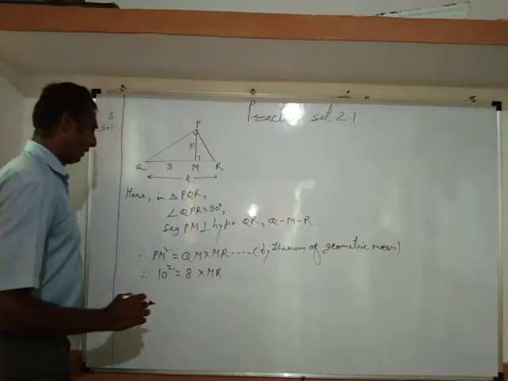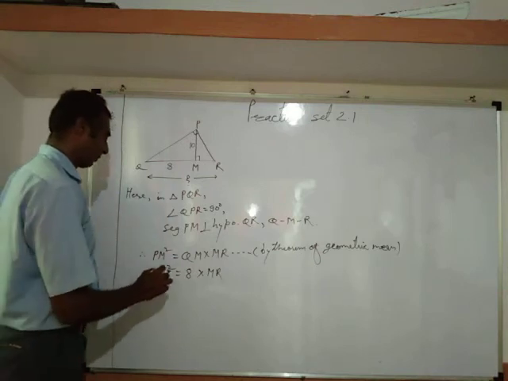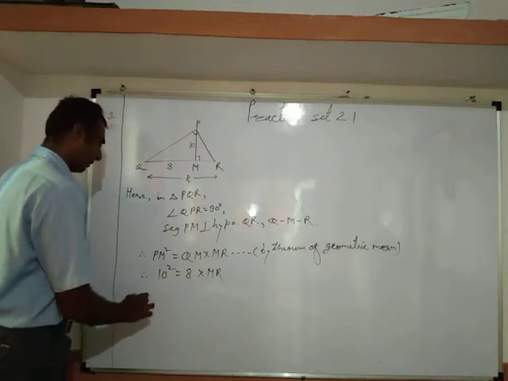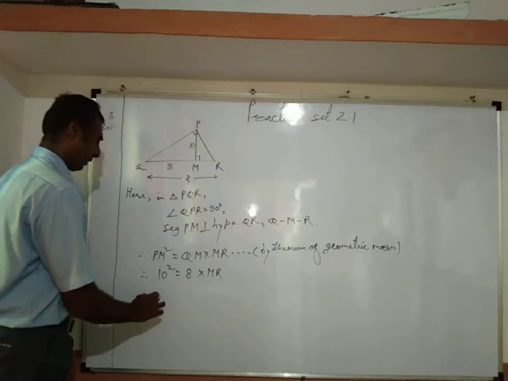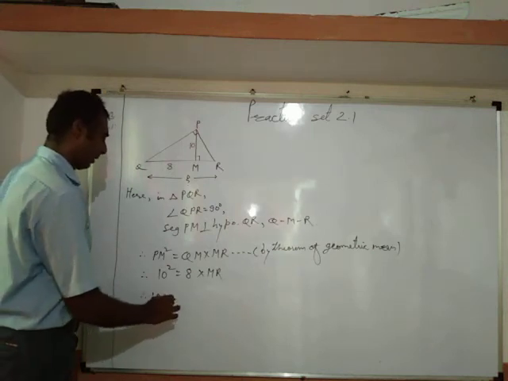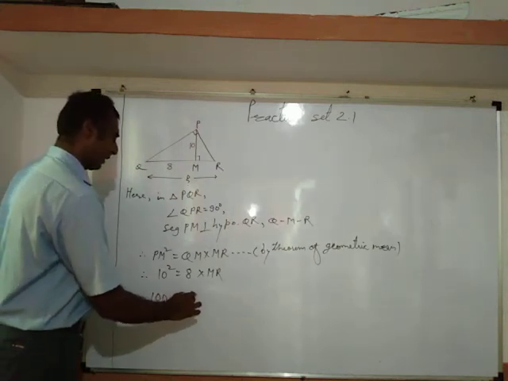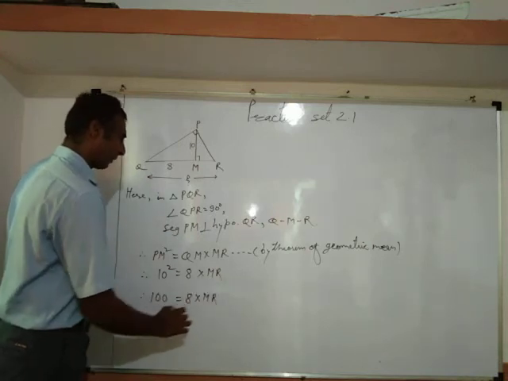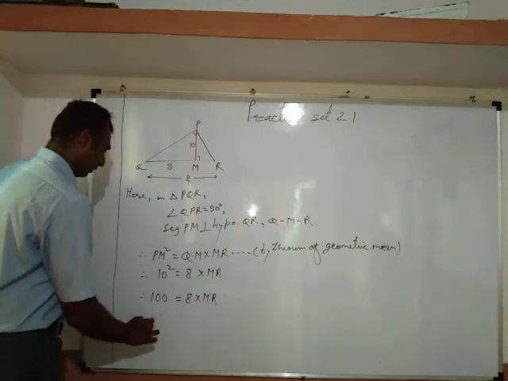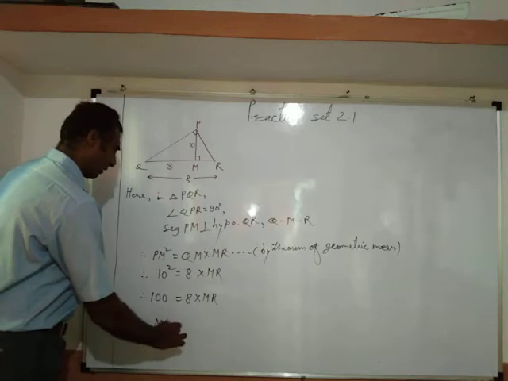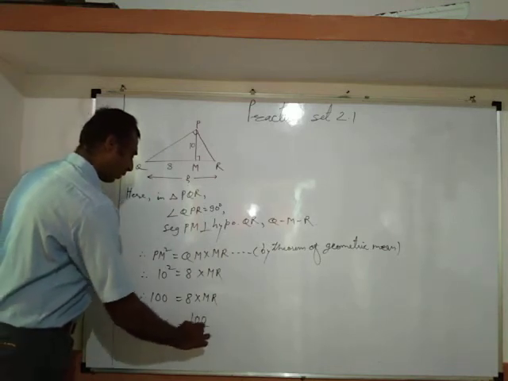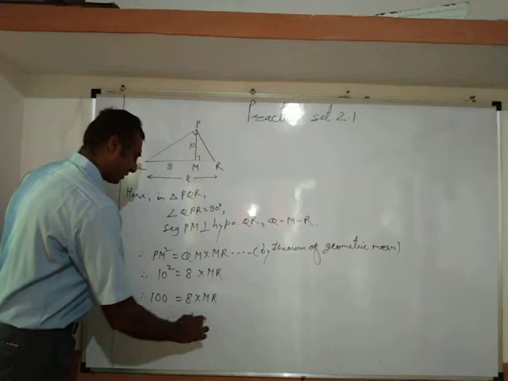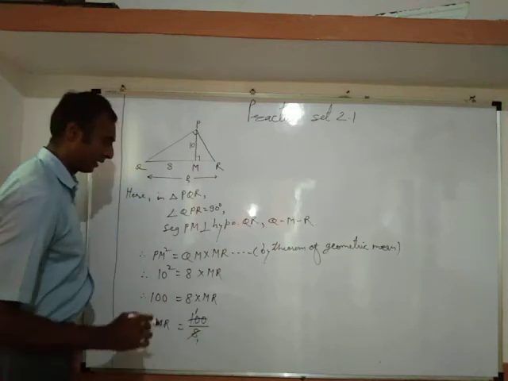10 square is 100. 100 equals 8 into MR, and therefore MR equals 100 upon 8. 8 ones are 8, 8 ones are 8.